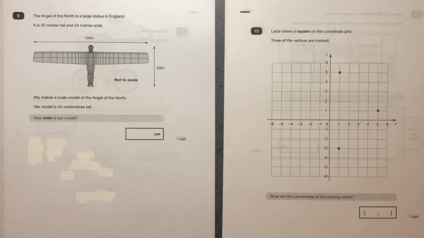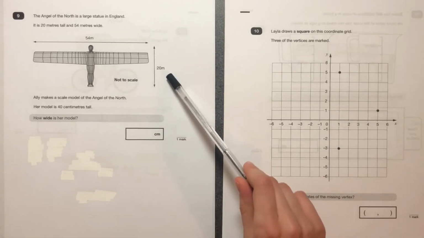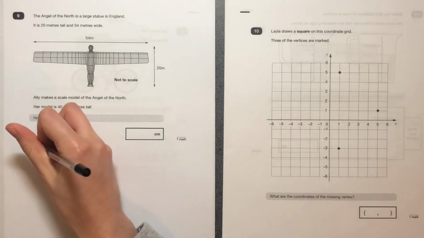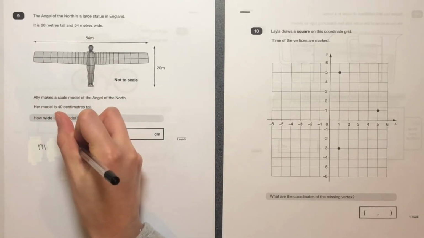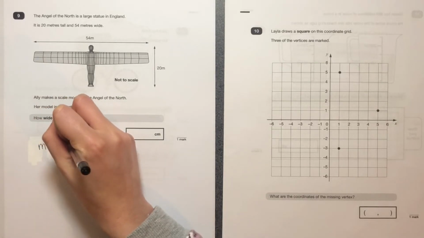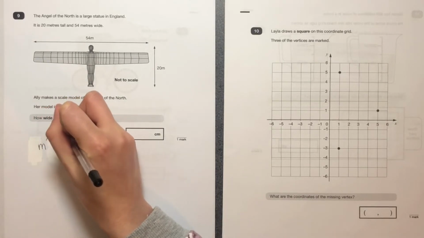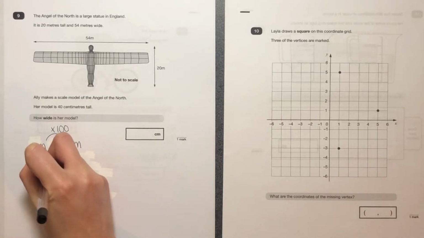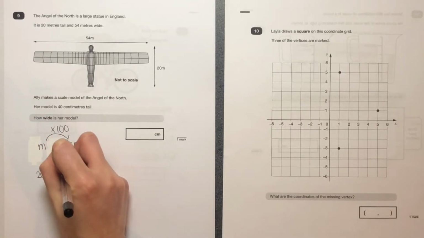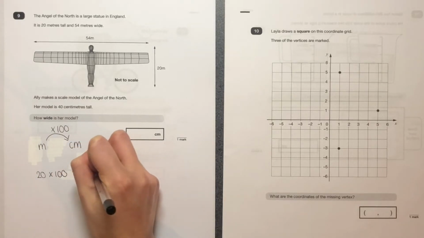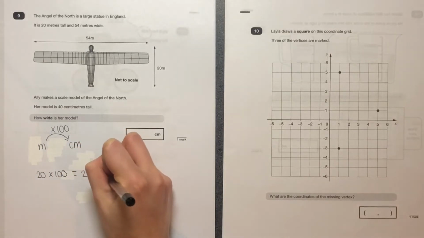We first need to convert our metres into centimetres. To get from metres to centimetres, we times by 100. So 20 metres times by 100 gives us 2,000 centimetres.